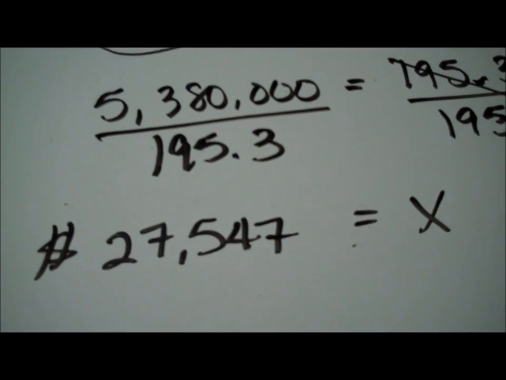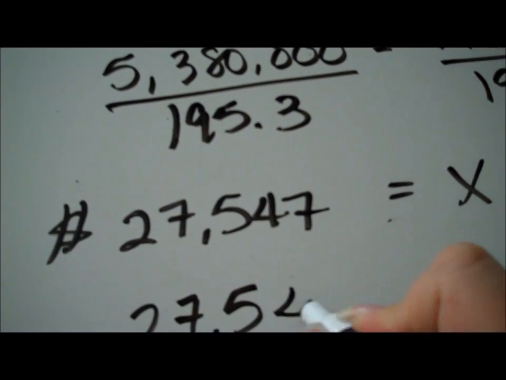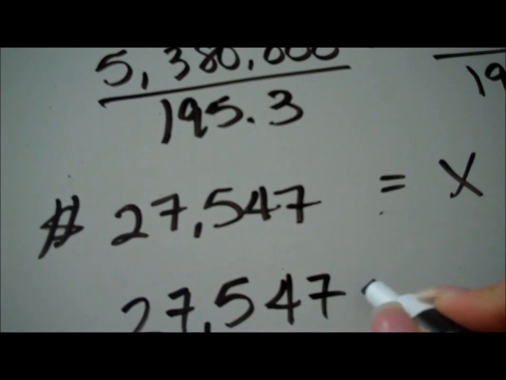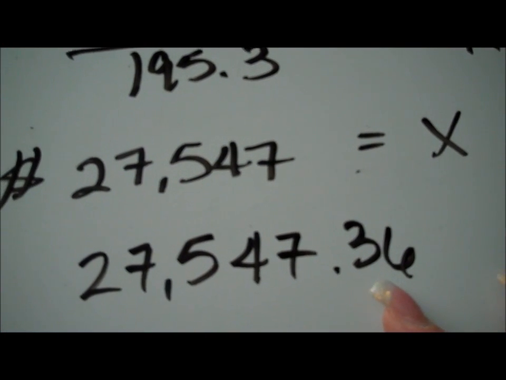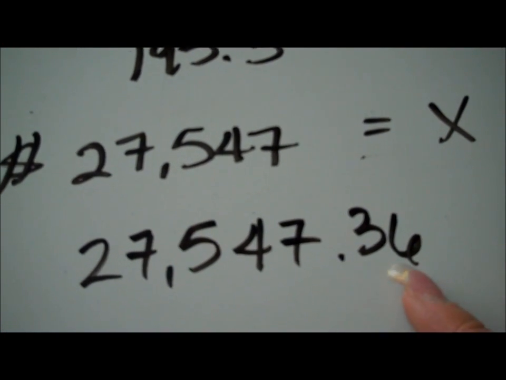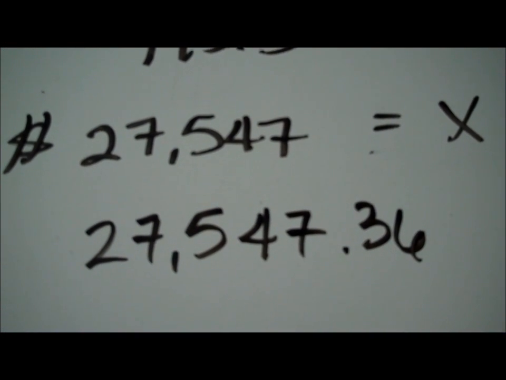Really, you would have gotten $27,547.36, but again, it said to round to the nearest dollar. Since this is not quite half a dollar, we would keep it at $547.